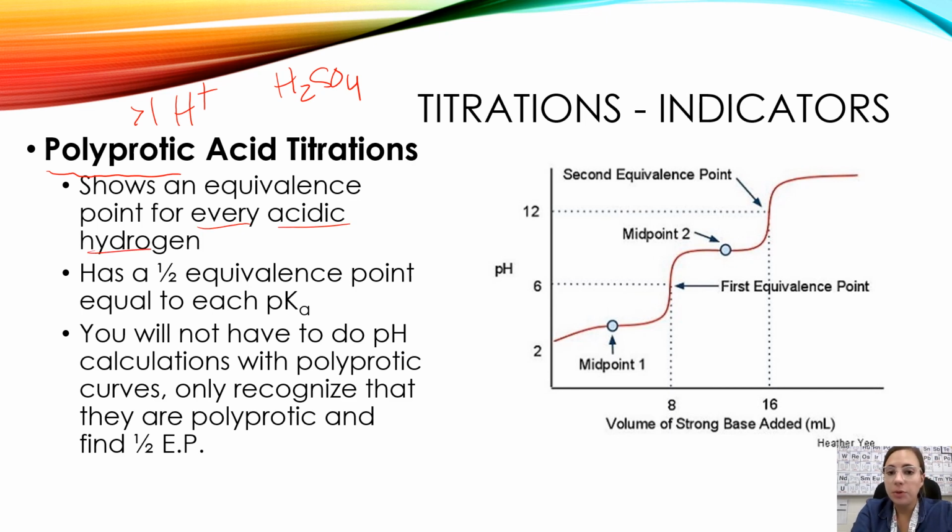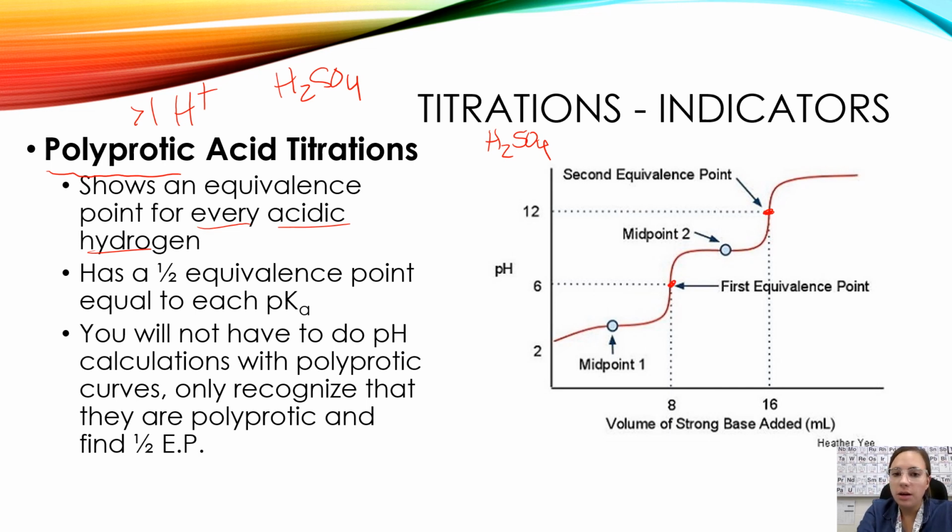So let's say that this was a titration curve for sulfuric acid, H2SO4. This first equivalence point is for the first hydrogen, and the second equivalence point is for the second hydrogen.